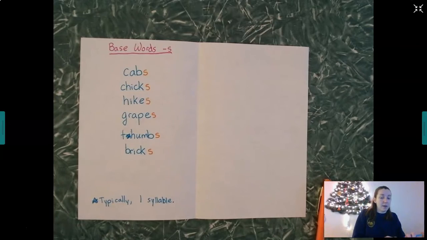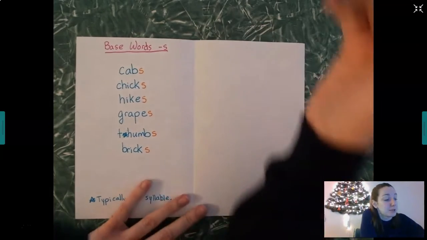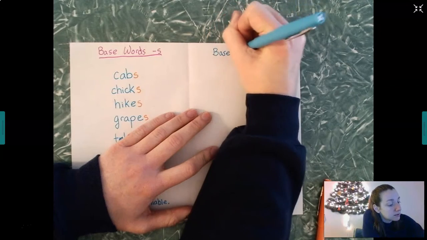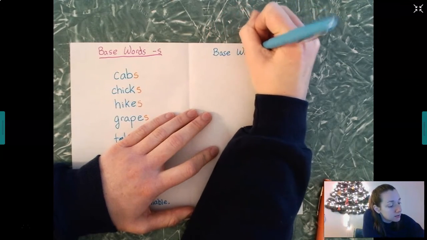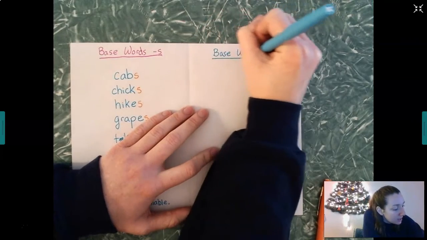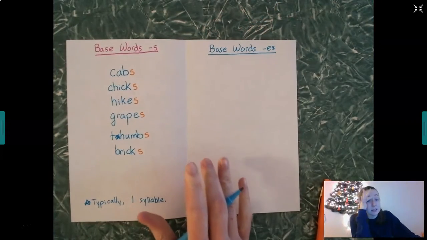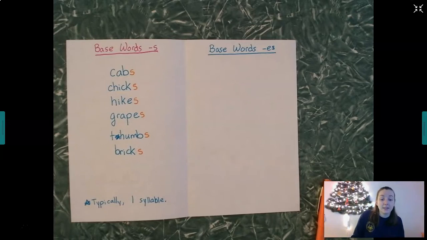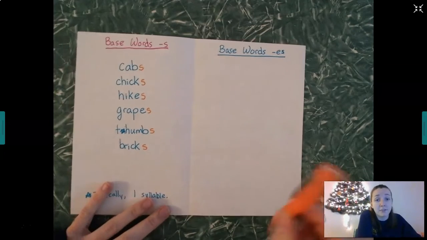So now let's talk about base words with some exceptions, with the ES, right? So you have base words with ES. Now, just like the last time we talked about S and ES, there are special letters that you need to recognize, so you know you have to use ES.